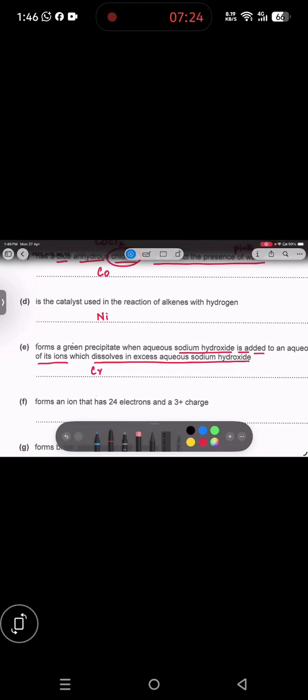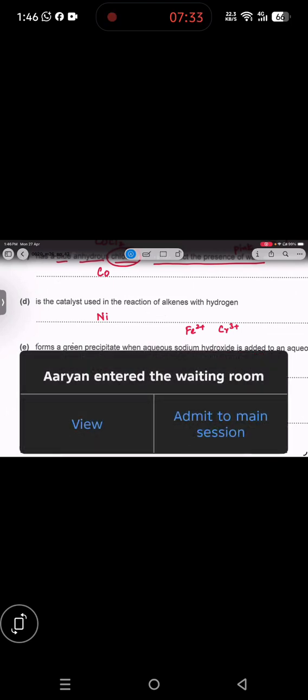Both iron 2 positive and chromium 3 positive give green colors with sodium hydroxide.